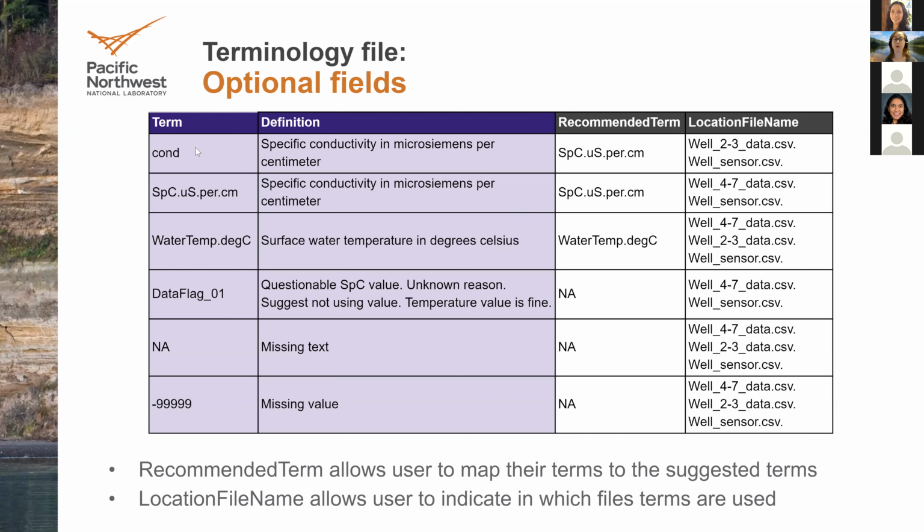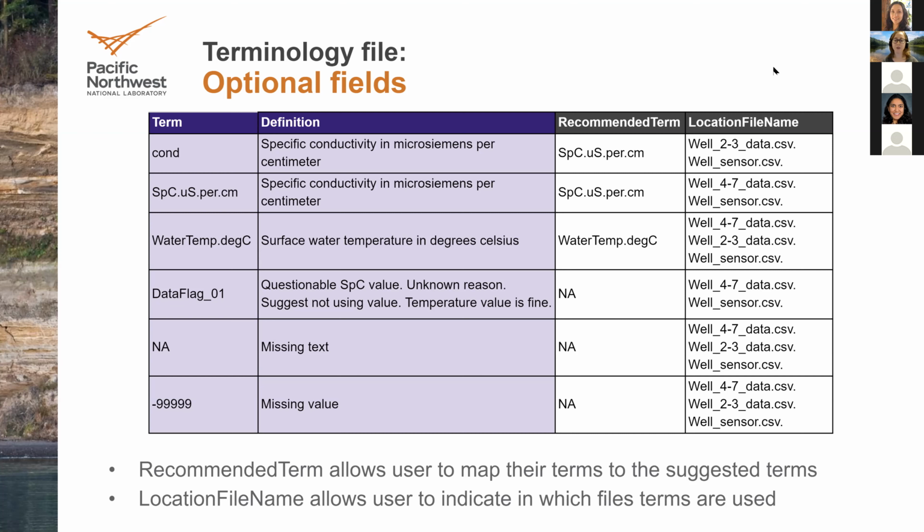So for example, they decided to use COND to indicate specific conductivity. We recommended this other term, but they are identical, same units, everything. And so they list that here. If there isn't a term that maps directly, then it would just be whatever empty value format that you're using. So in this case, NA.